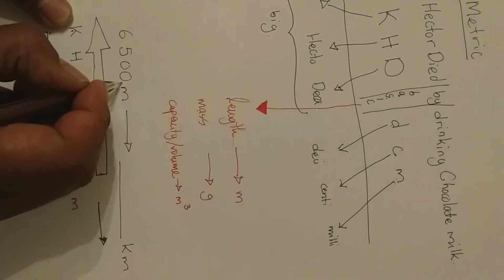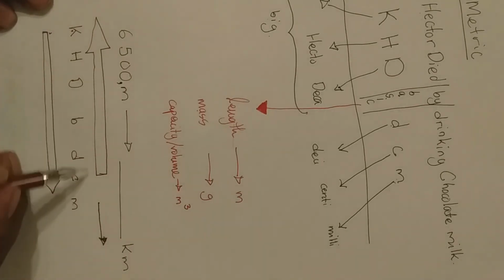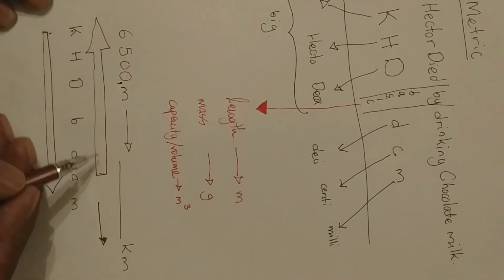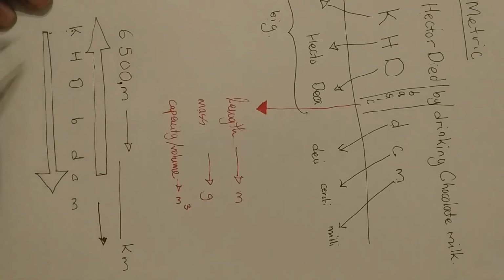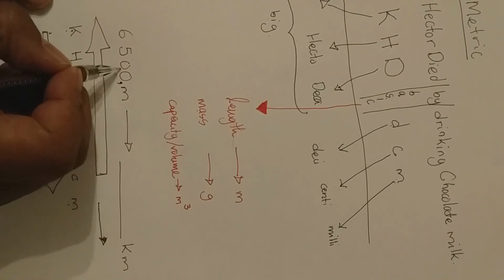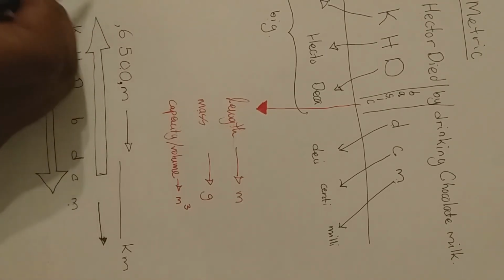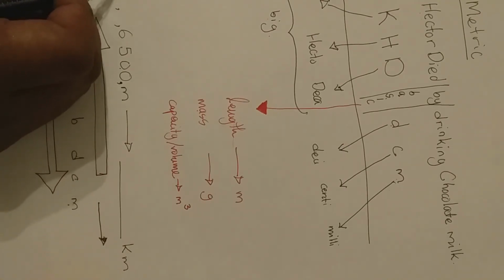Starting from where your decimal point is, you move 6 times in the direction where your kilometer is in relation to your meters: 1, 2, 3, 4, 5, and 6.